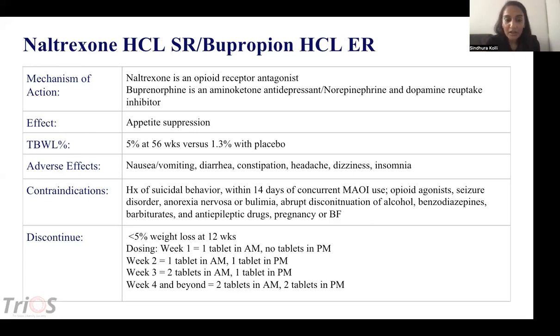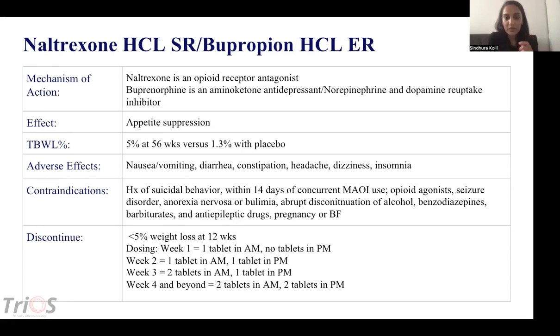So we are going to say that this medication does not work for the patient if at 12 weeks we see less than a 5% weight loss. And this is a medication that we would want to taper down to avoid any seizures or side effects. The way we first taper up: week 1, we start with 1 tablet in the morning. That's it, nothing in the evening.